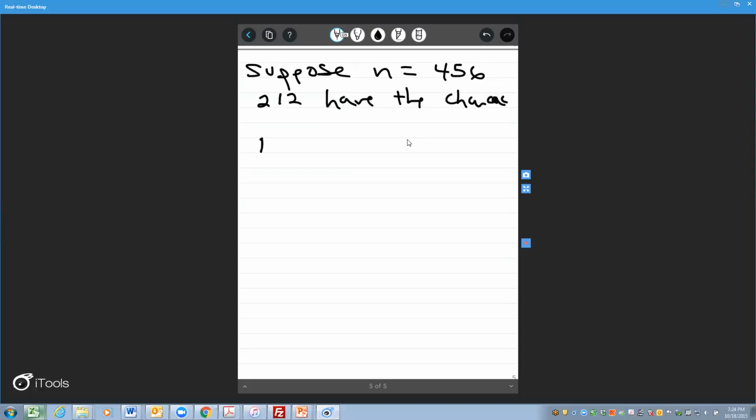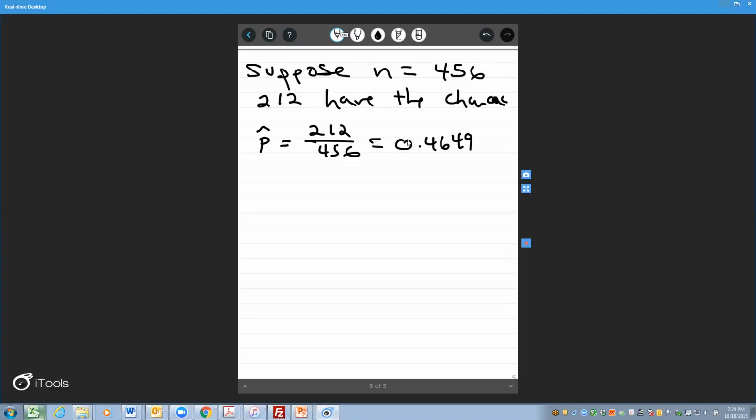Our sample proportion p hat would be 212 over 456, which is 0.4649, or 46.49%. That would be our point estimate.